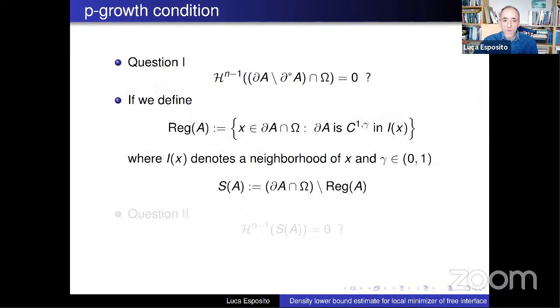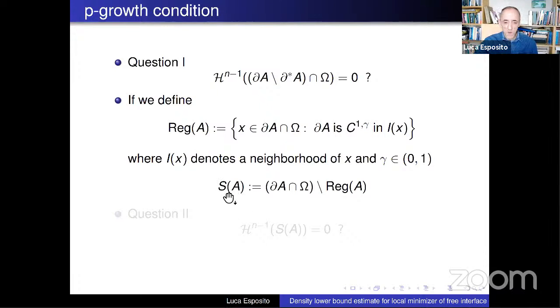But the second question is very interesting, but there is not an answer for the moment. So if you call regular A the set of points where the topological boundary is C1 alpha in a neighborhood of the point x, and singular, you have the complement of this set.